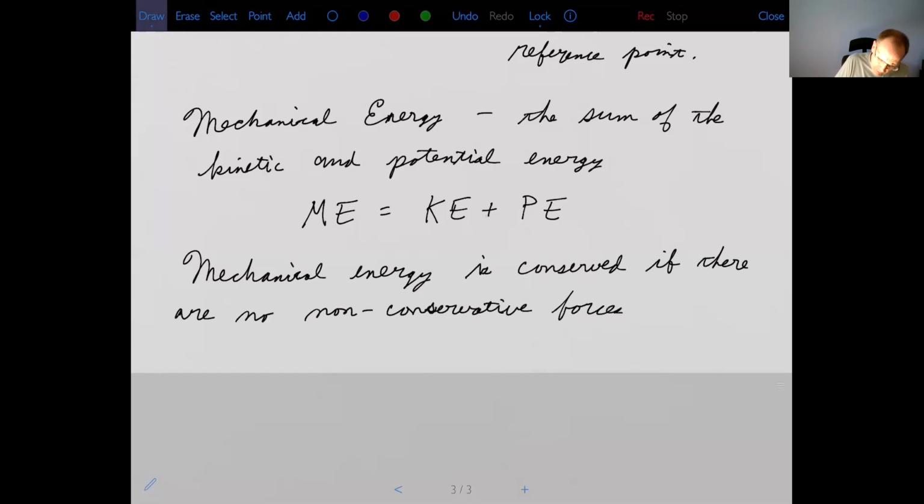A big example of that is friction. If there's friction acting, you definitely don't have conservation of mechanical energy. So mechanical energy is conserved if there are no non-conservative forces like friction acting on the system.